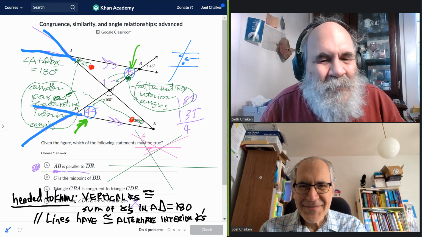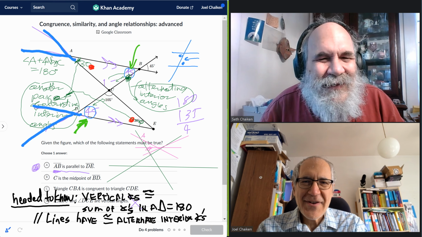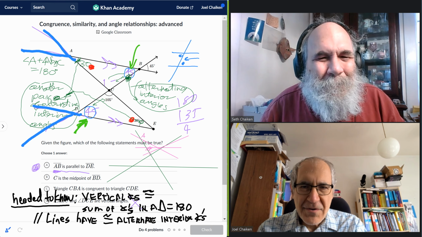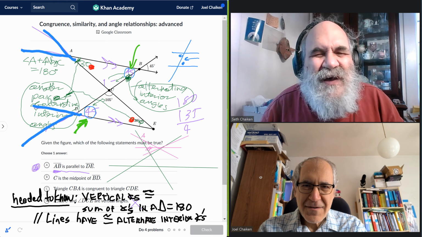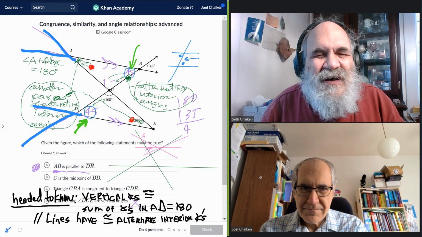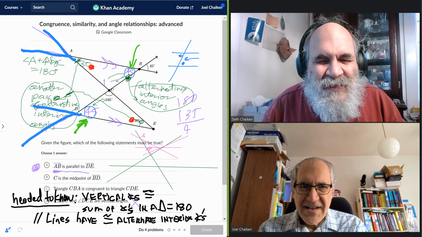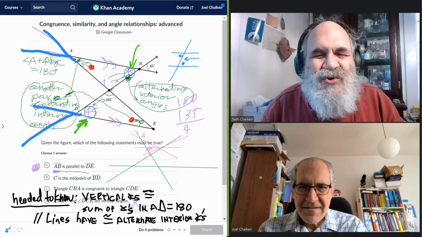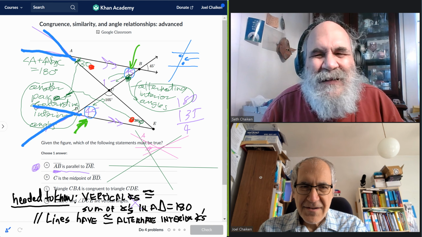You're getting at that if you have two lines and a transversal, and the alternate interior angles are congruent, then the lines are parallel. Yeah, but part of the problem is the first step was detecting that the two alternate interior angles were equal. Exactly.